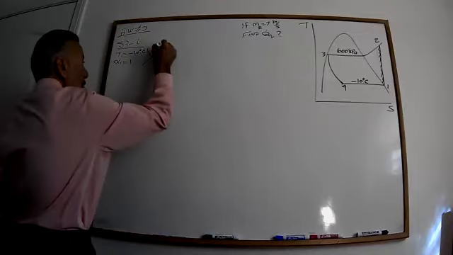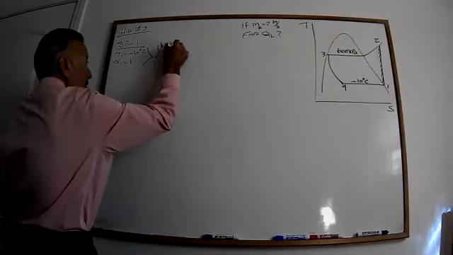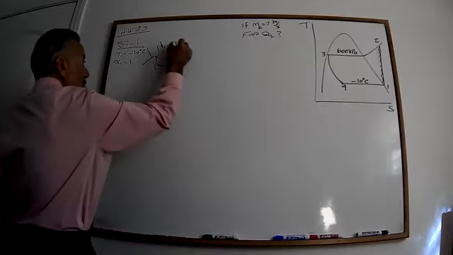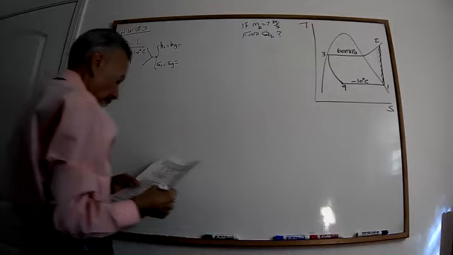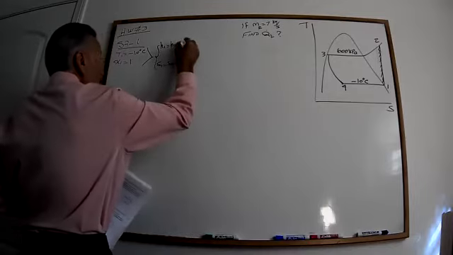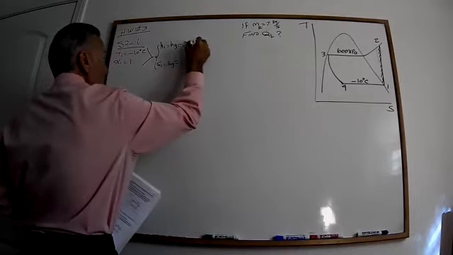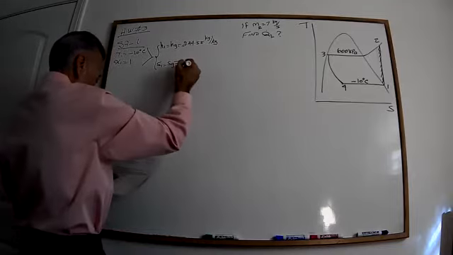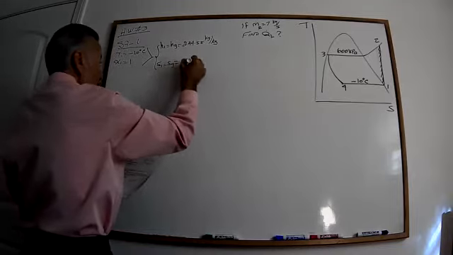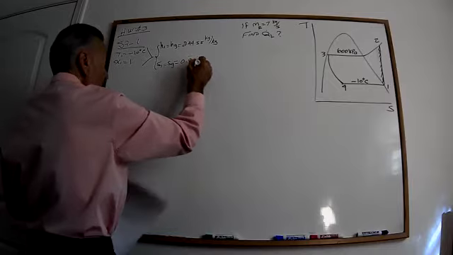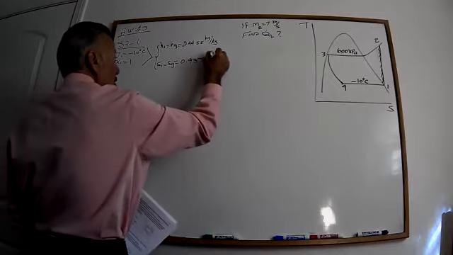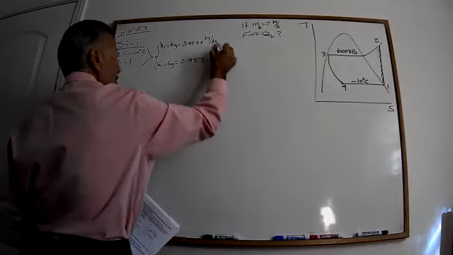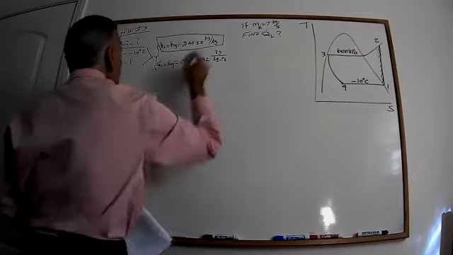This time we look for H1, which in this case is H of G, and S1, which is S of G. These two values are 244.55 kilojoule per kilogram for H of G, and S of G is 0.93782 kilojoule per kilogram Kelvin. So that's the first H value.